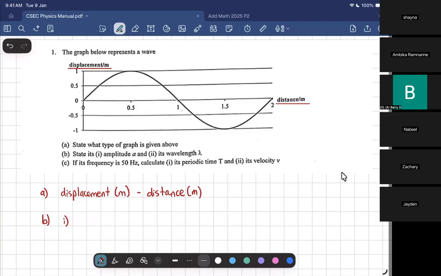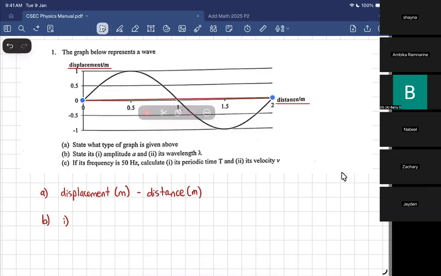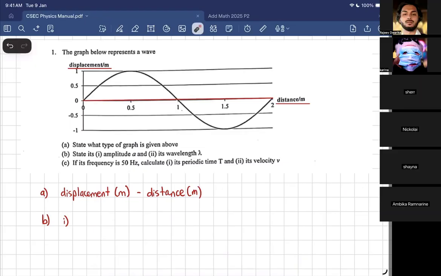If this is the equilibrium position, by looking at the graph, what do you think is the maximum displacement from that? How many meters?